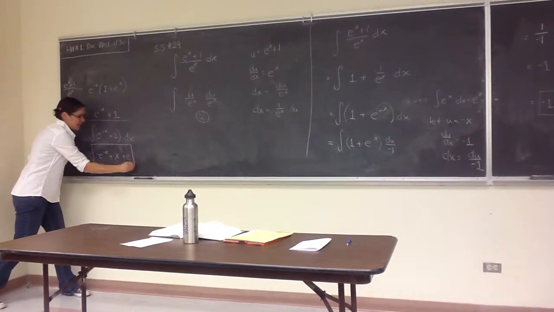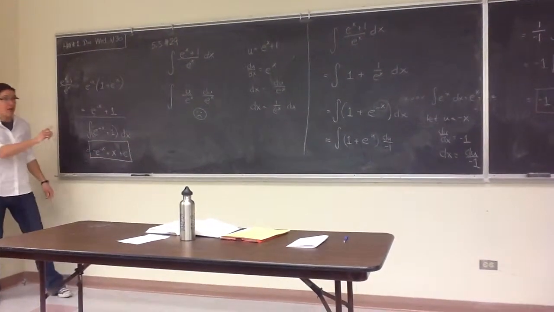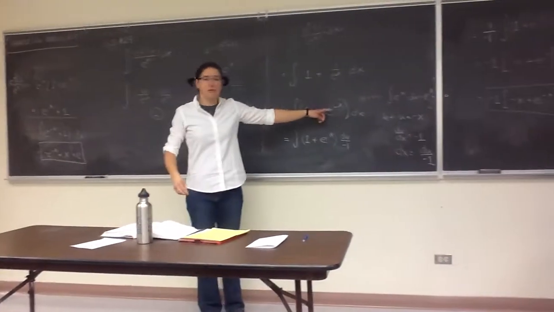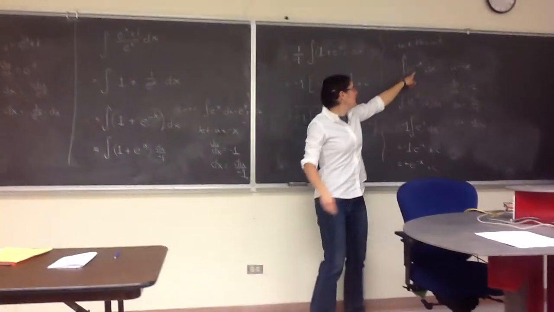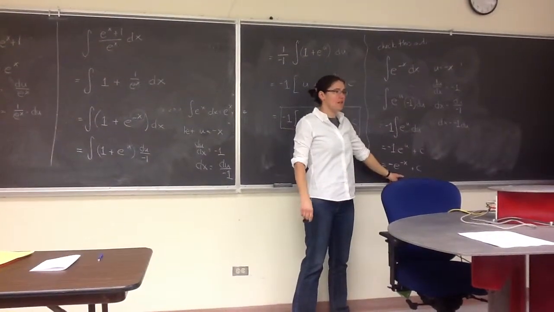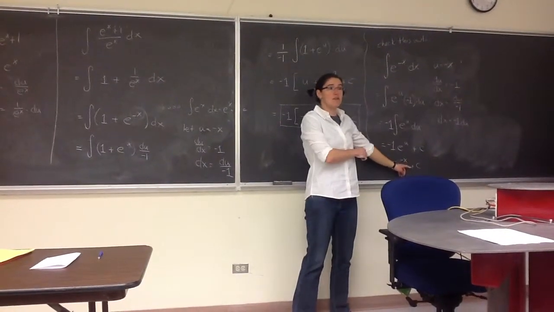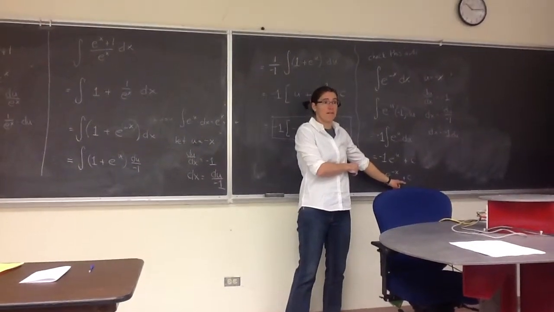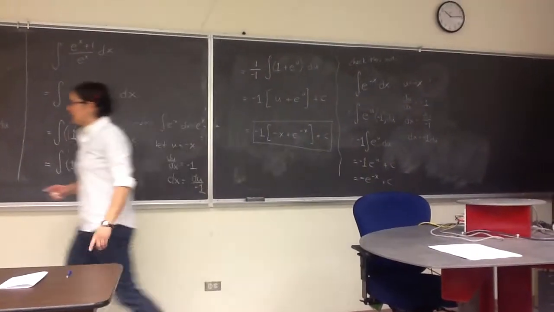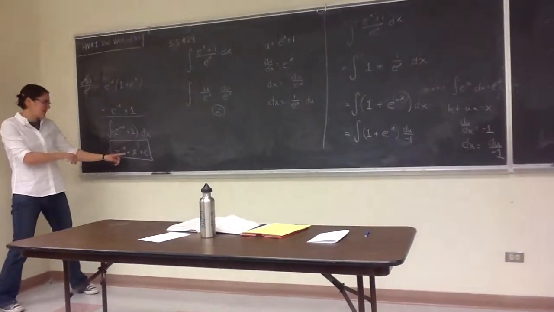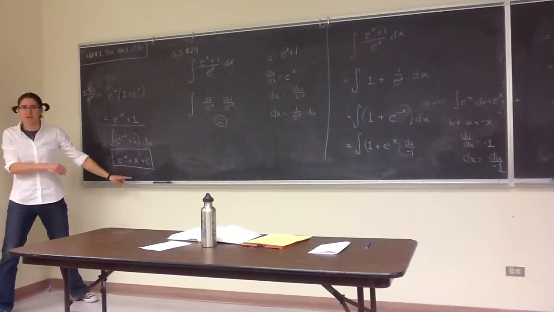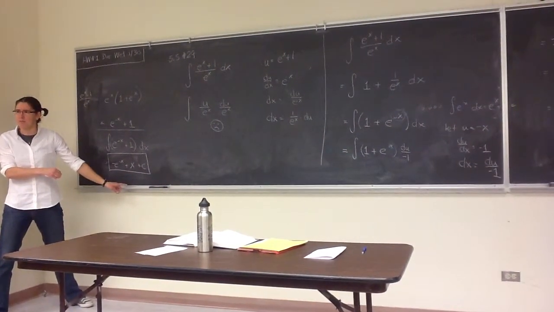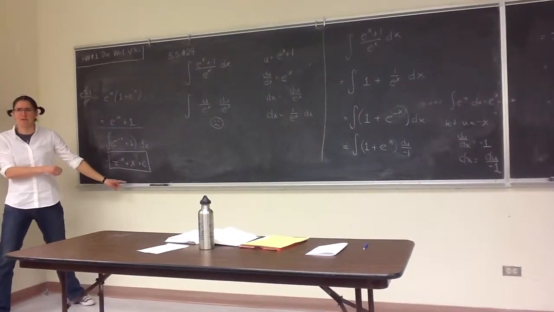And so if I happen to know that shortcut ahead of time without doing the middle u substitution that we did here, if I happen to know that the antiderivative of e to the negative x is negative e to the negative x, I can immediately use that antiderivative. In that case, I end up with negative e to the negative x plus some constant. And that is also a legitimate final answer for this problem. Are there any questions about that?